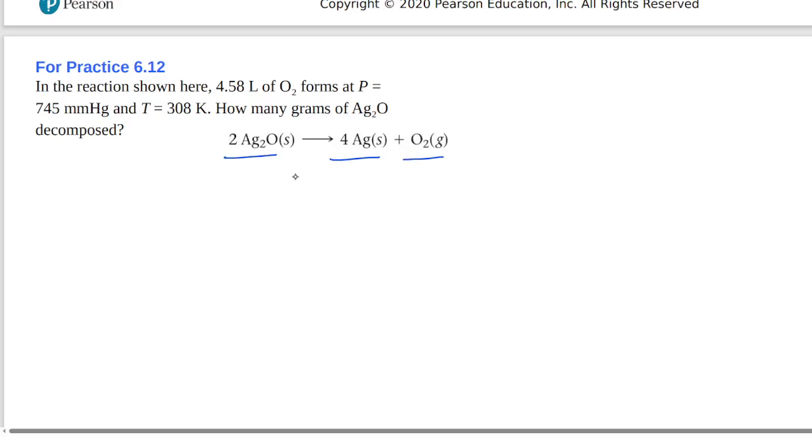We were given enough information to calculate the moles of oxygen gas. So first we're going to calculate moles of oxygen gas.